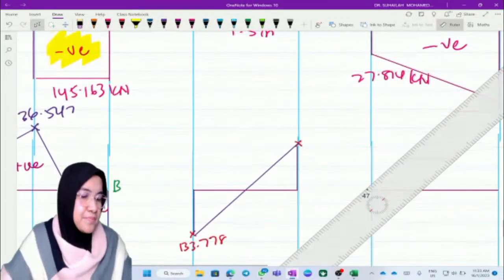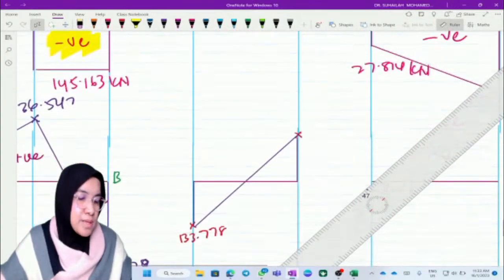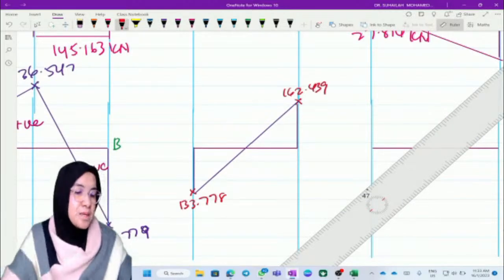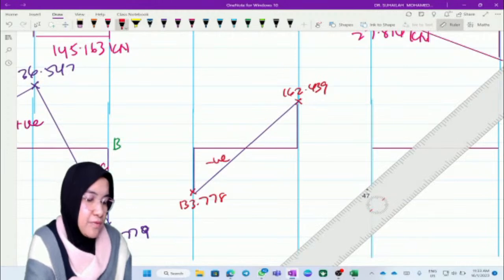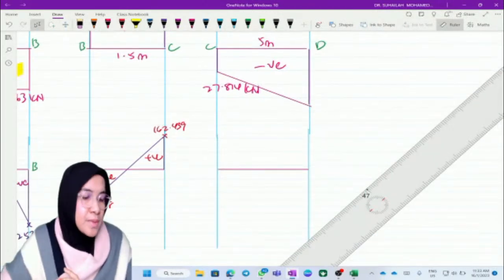Okay, 162.439, negative and positive. Now we have trapezium.